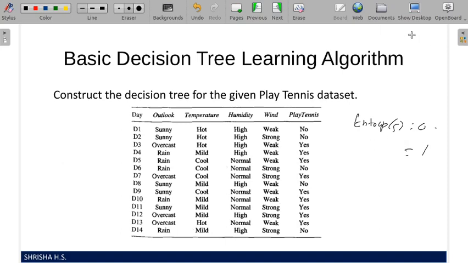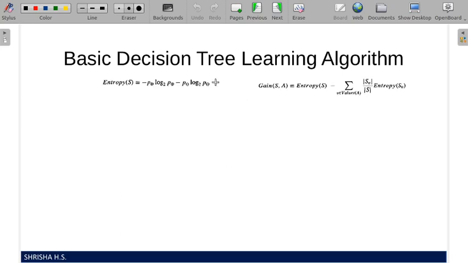Now let's move on. We have to calculate the information gain for outlook, temperature, humidity, and wind. Whichever has the highest information gain will be the first attribute we select for the tree. We have written our formulas here for better understanding.